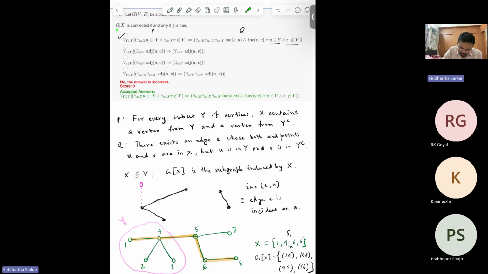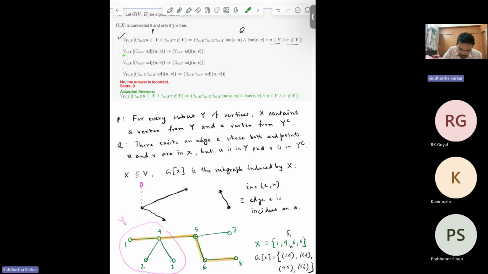So we want to find which of these statements are equivalent to Gx being connected. So now you are going to say that G of X is connected if and only if, let us say, this statement is true. Now look at the left hand side. In the left hand side, there is no mention of X at all.